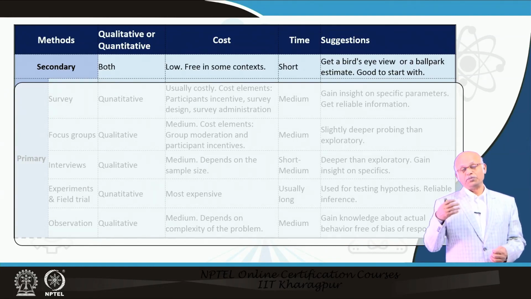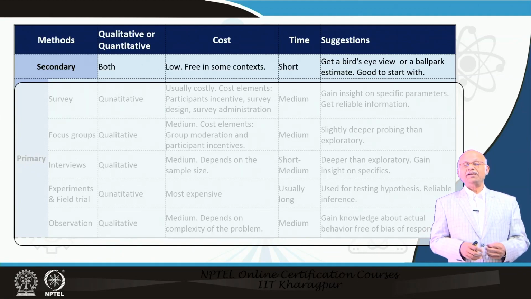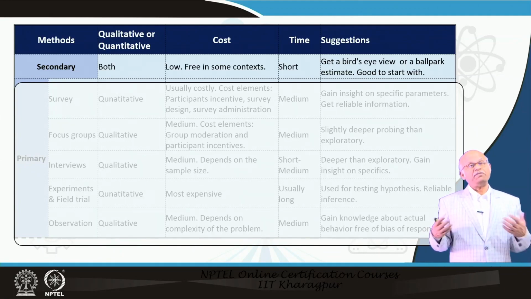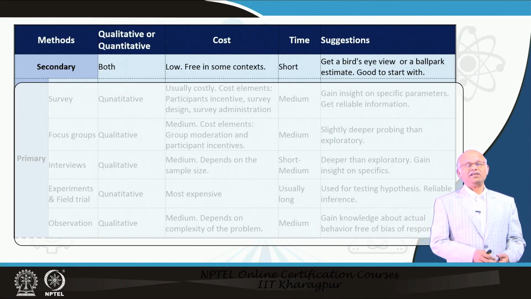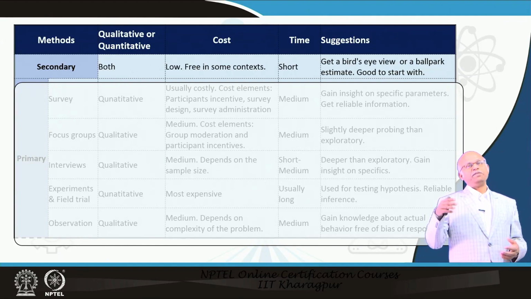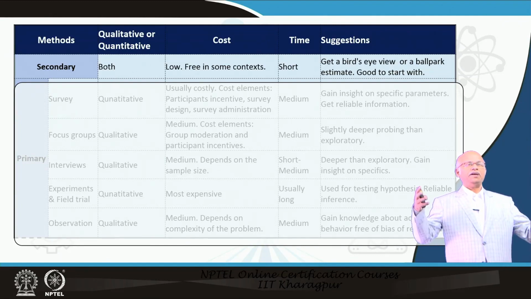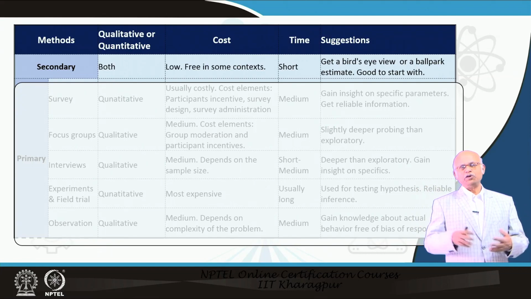However, this is not primary data. You do not know the accuracy of the data, and there is always a time gap, because the data was collected some time back. You are not asking the question directly to the audience. The benefit is that it may be qualitative or quantitative, like someone published data on, say, purchase of some white goods.